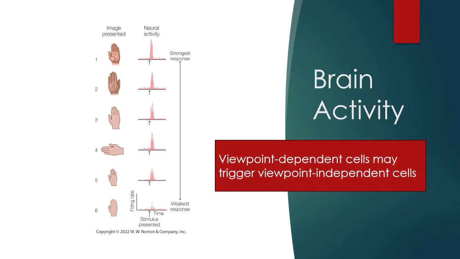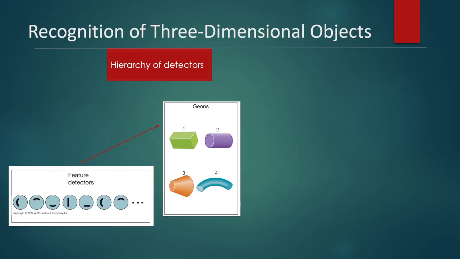So maybe I'm not seeing it exactly the way I need to see it to recognize it, but if I tell my neighboring cell, I think this might be a hand, that neighboring cell that maybe is independent, it doesn't care what orientation the hand's in, it's looking at some aspect that is independent of orientation. It goes, yeah, you know what, I think you're right. I'm going to use your information as part of my input, right? So that gives us a much more robust perceptual system.